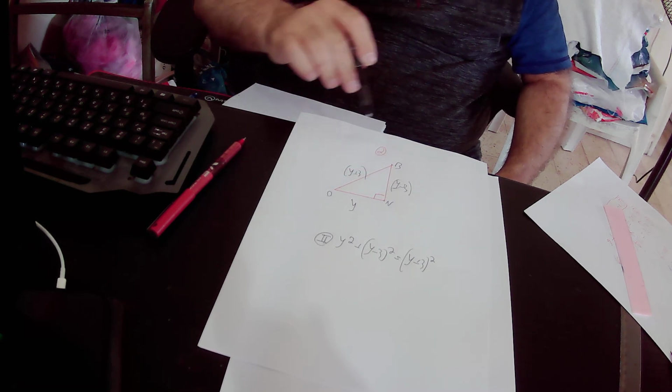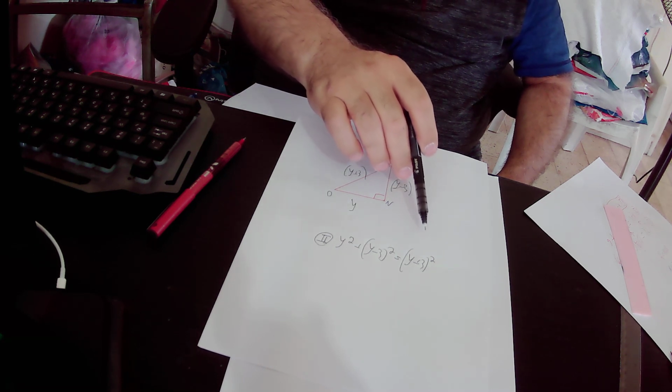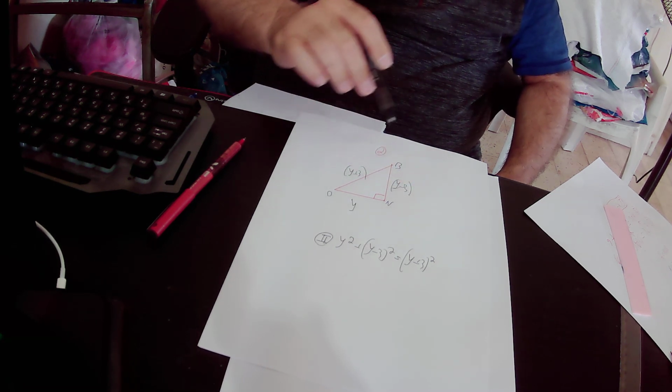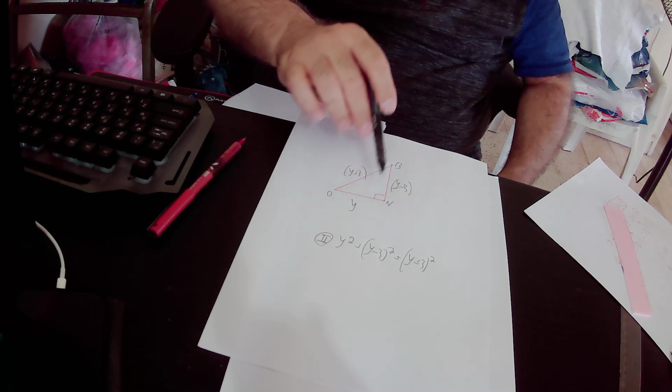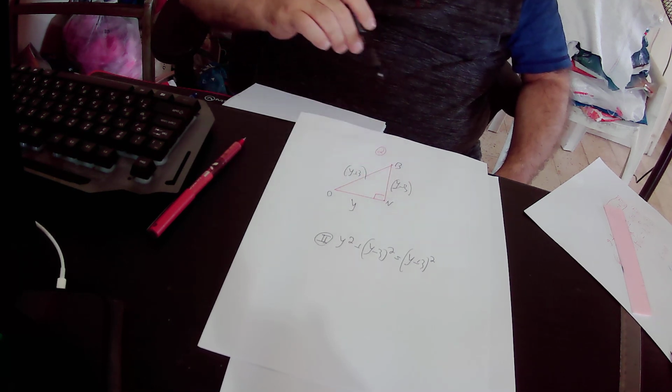The square of the hypotenuse, y plus 3 square, equals the sum of the squares of the perpendiculars, y square plus y minus 3 square.